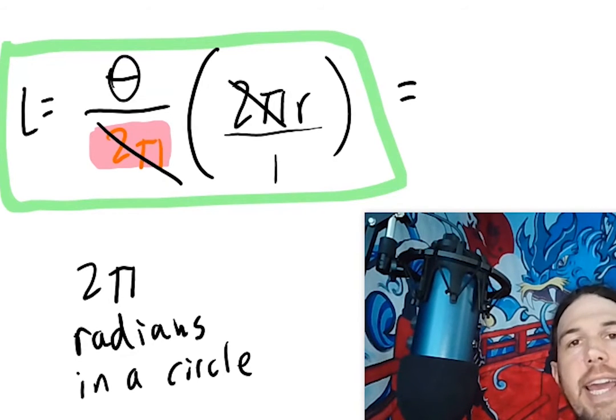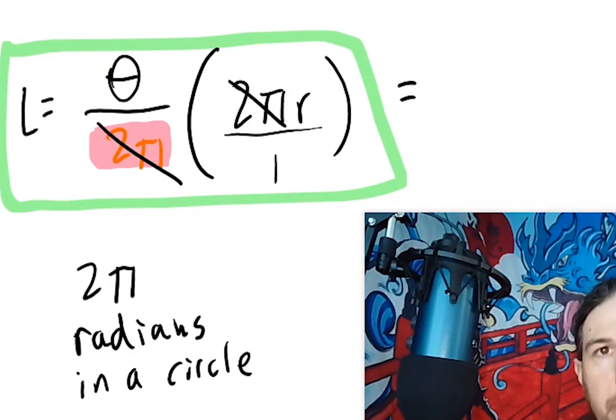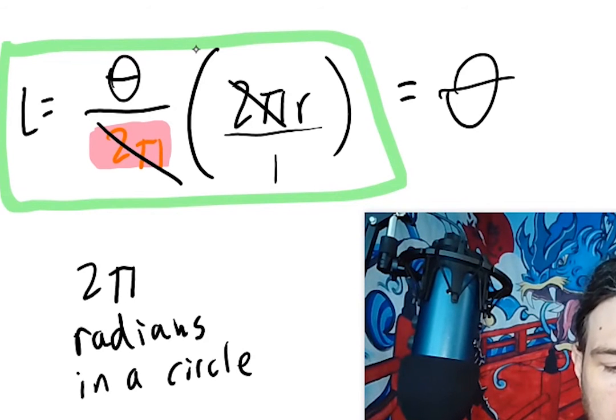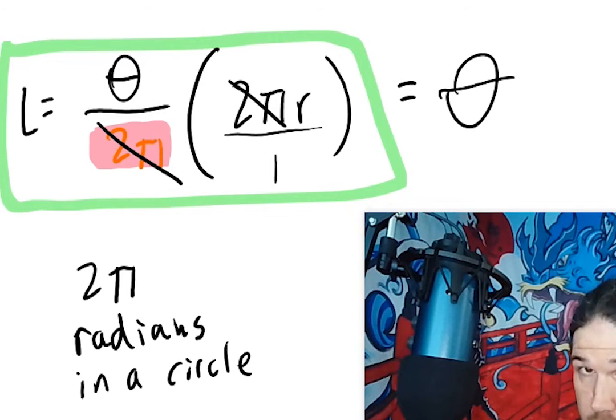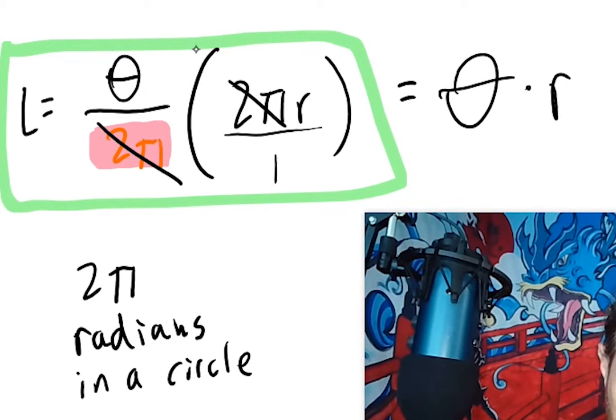Instead of taking your value in degrees and dividing it by 360 and then multiplying by 2 pi and then multiplying by the radius, you now are taking your angle in radians, dividing by 2 pi, because there are 2 pi radians in a circle, and then multiplying by 2 pi. So no matter what the angle is, the 2 pi and the 2 pi will cancel out. So we're left with length is angle in radians times the radius.